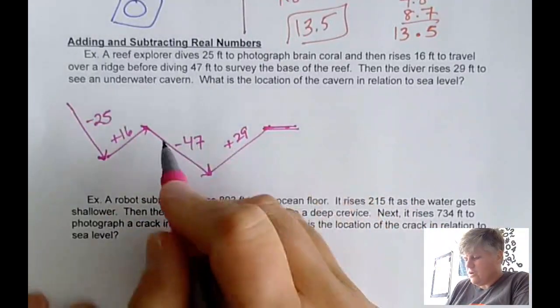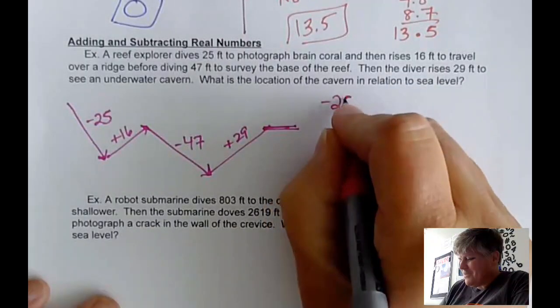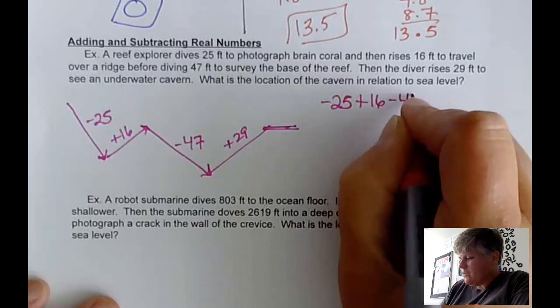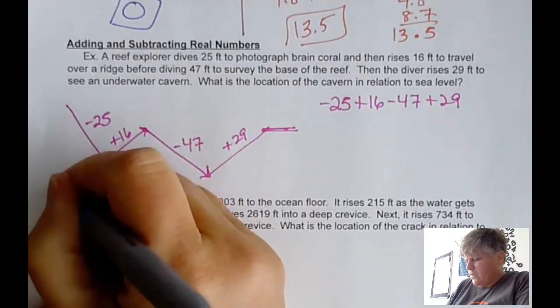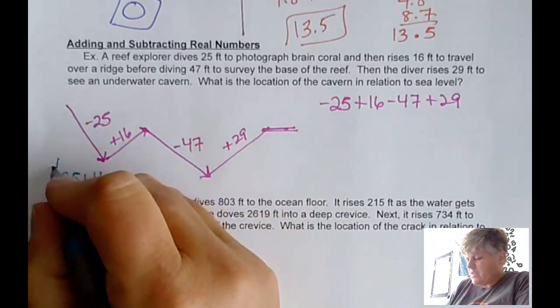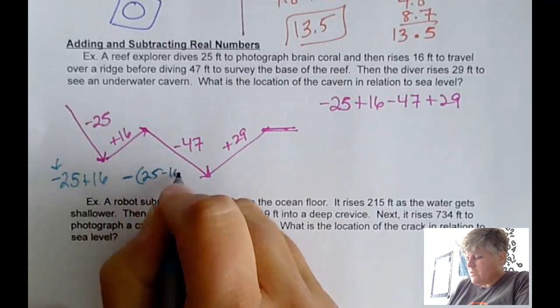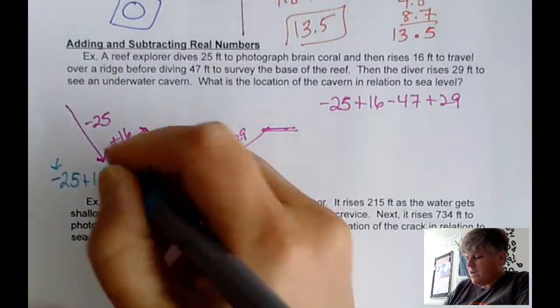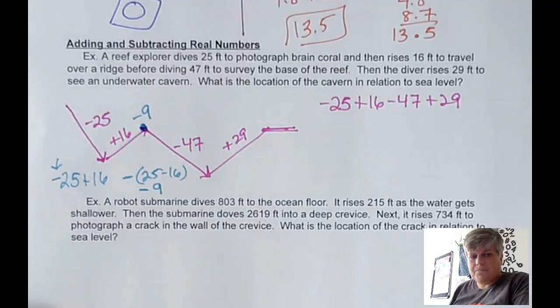So we've got negative 25 plus 16 minus 47 plus 29. Let's do the first part, negative 25 plus 16. The signs are different. That's the larger symbol, so we're going to have 25 take away 16, so that gives me a negative 9.